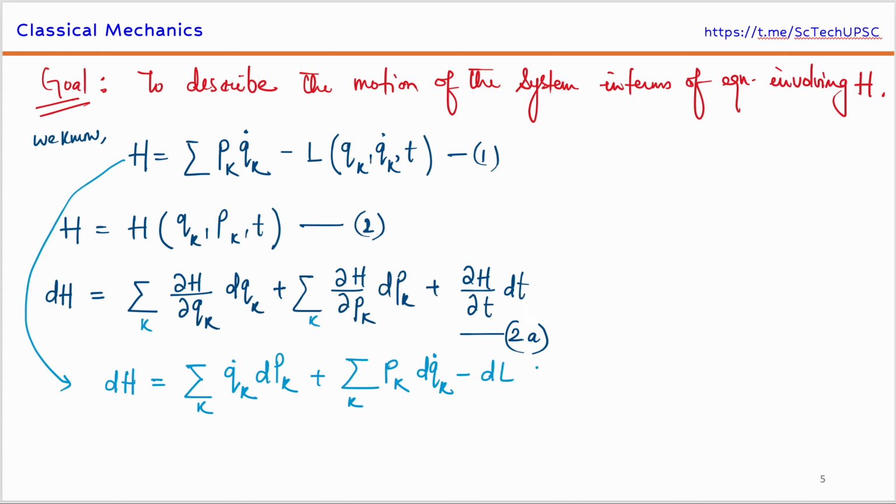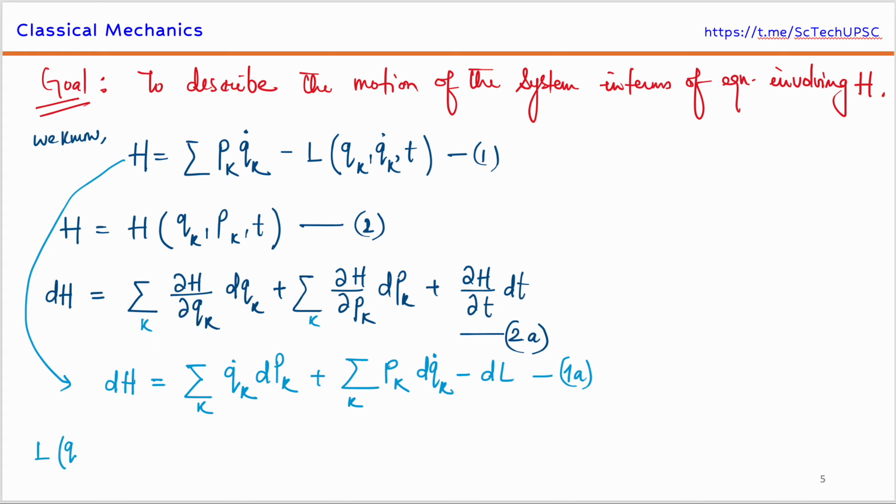Let's put this as 1a. Now what we have to do is write the dL for the Lagrangian also. So what is dL?